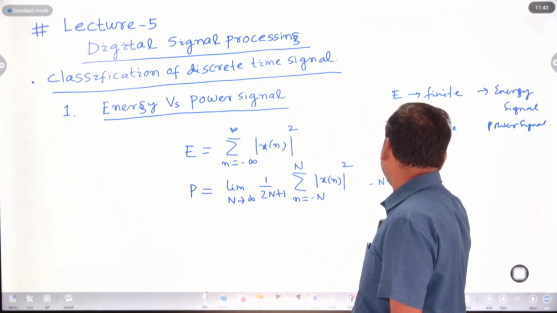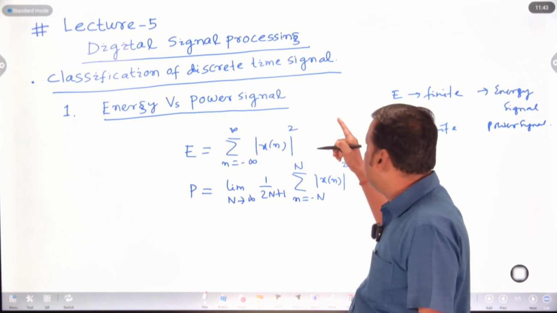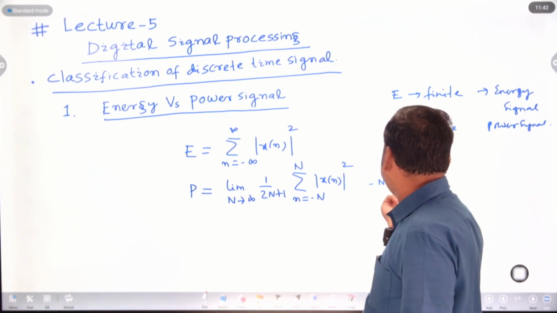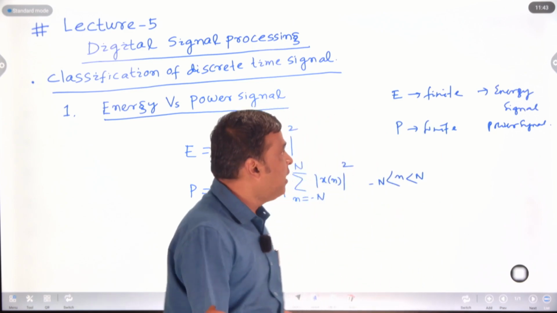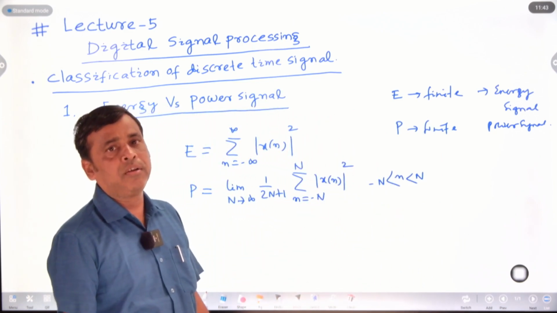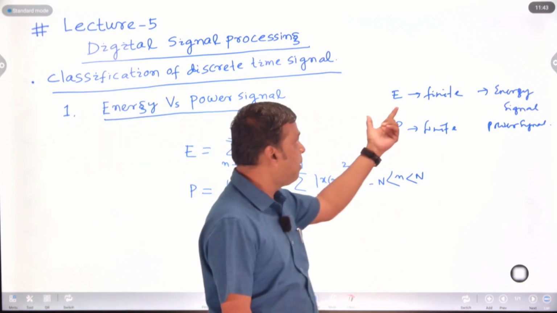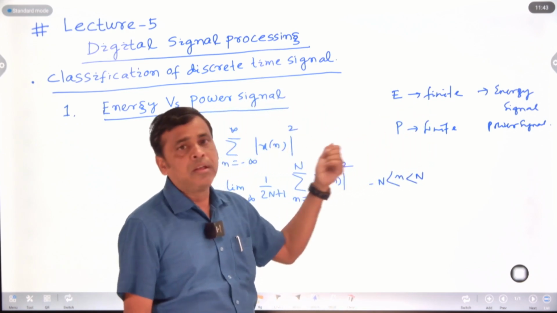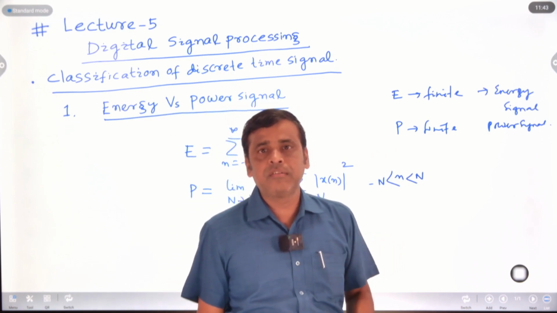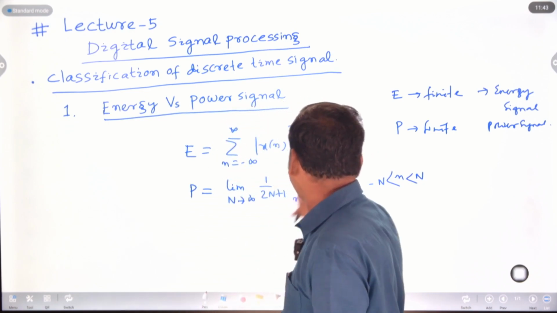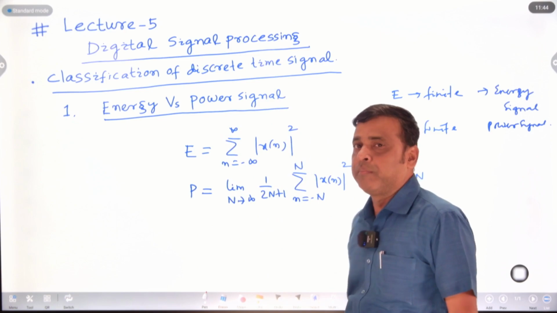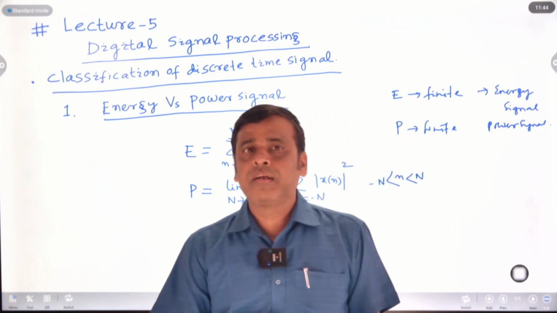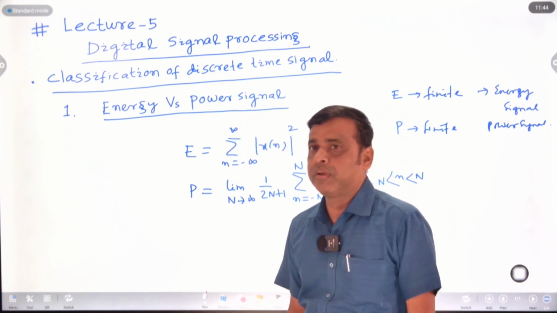If energy is infinite, then we calculate whether the power is finite or infinite. If energy and power are both infinite, the signal is called neither an energy nor a power signal.